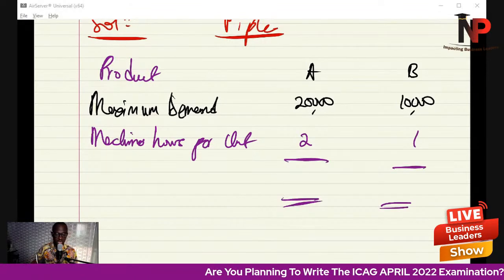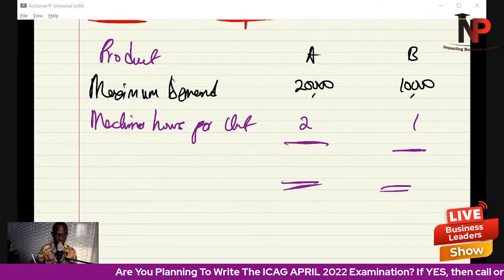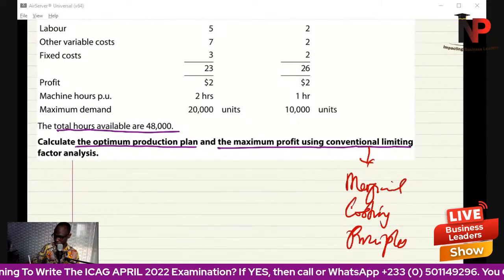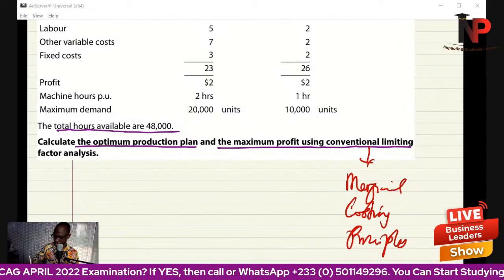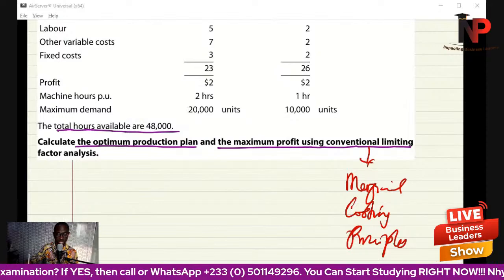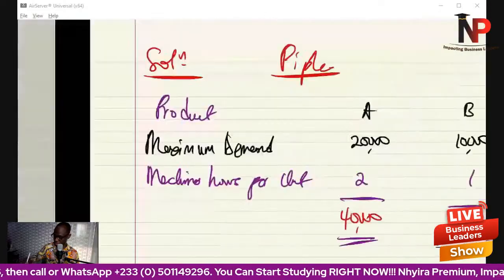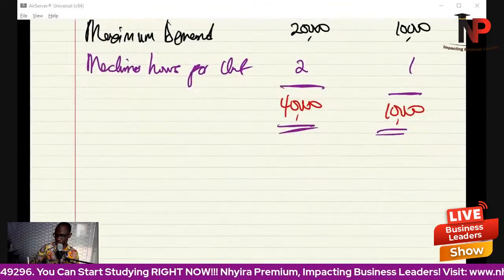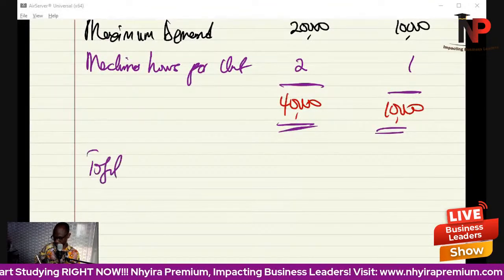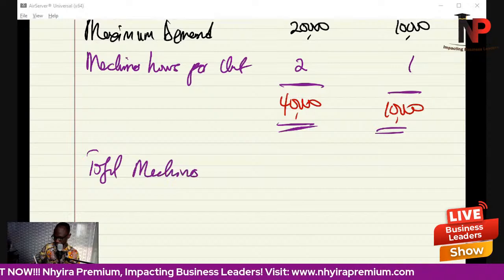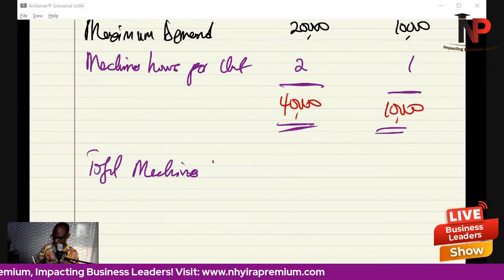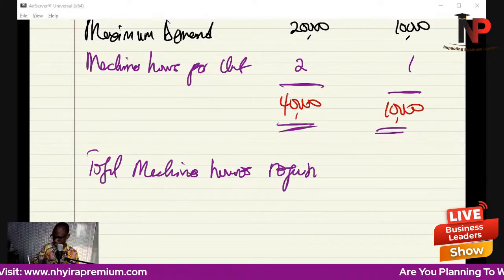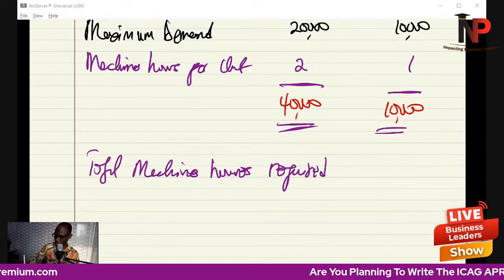So we multiply up, and that is going to be an amount of 40,000 here, and then 10,000 here. So total machine hours required, if we want to make this product, is going to be 50,000 hours.